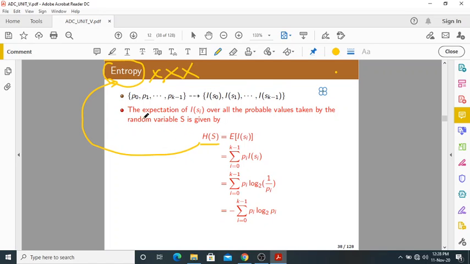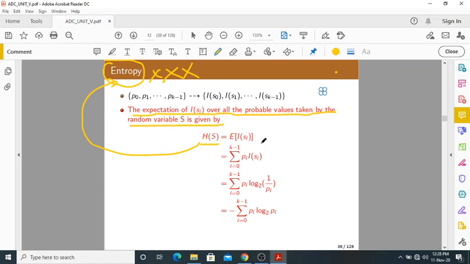Now I want to find out the expectation of the information over all probable values taken by the random variable S. Okay. I want to find out the average information of the source. Here I have the individual informations. But what is the average information of the source, or the expectation of the information over all probable values taken by the random variable capital S?